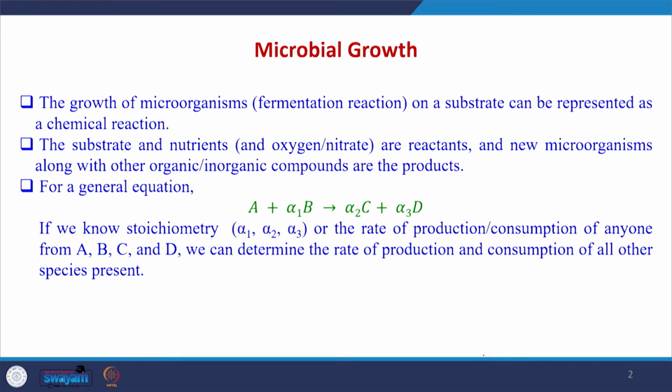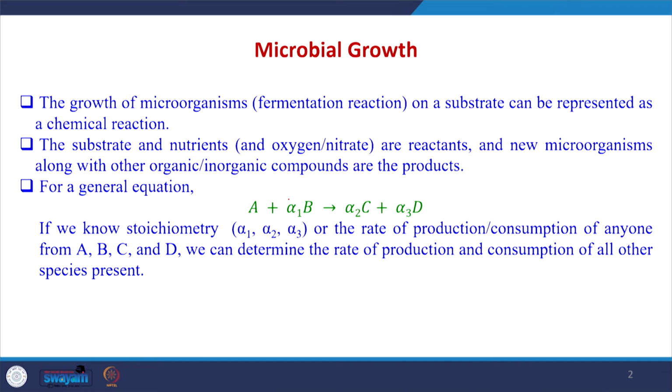In general, this is general chemistry: if you know a reaction where A and B are the reactants and C and D are the products, what we have to do first is balance the equation. We try to find out the coefficients of the respective reactants and products, and these coefficients are called stoichiometric coefficients.